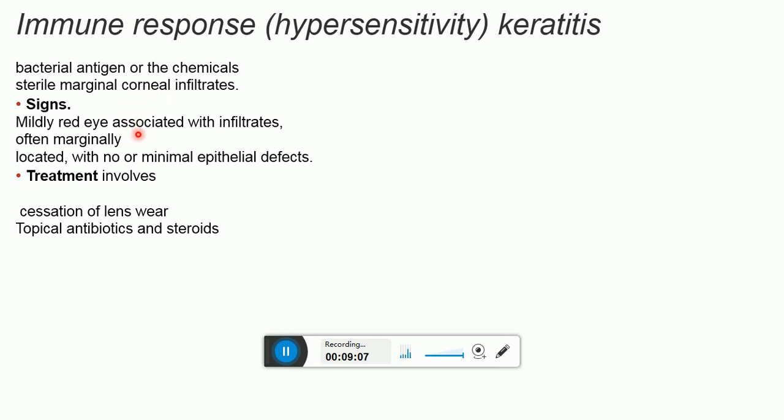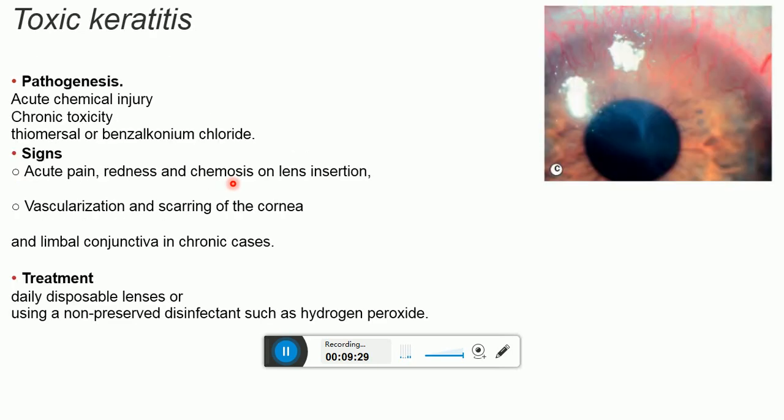There will be mild redness and infiltrates in the margin, with no or minimal epithelial defects. Treatment is cessation of lens wear until resolution occurs. Topical antibiotics and steroids may be used in some cases. But if the diagnosis is uncertain, treatment should be that of bacterial keratitis.